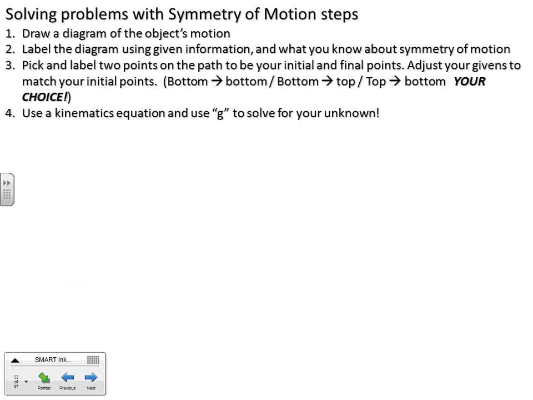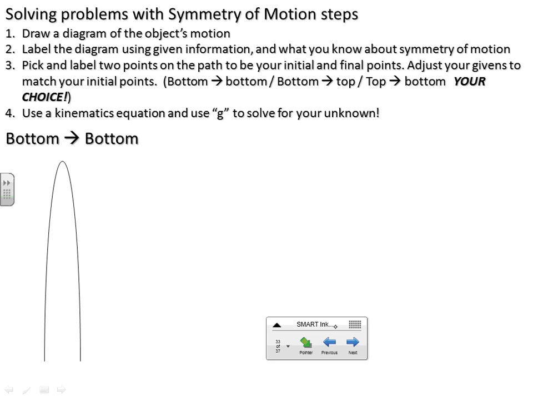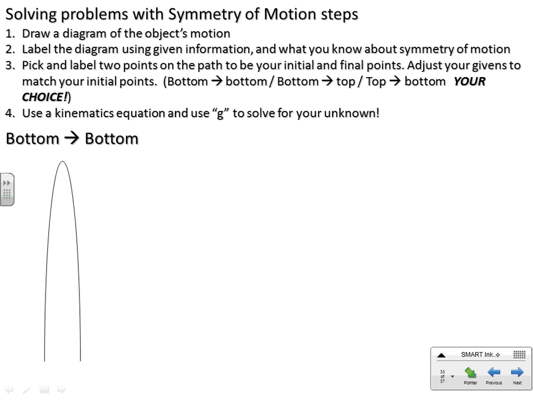Now here's some tips for solving problems. The big deal is that you have 3 options for how to approach these. You can say, let's say it starts here at a speed VI going up.